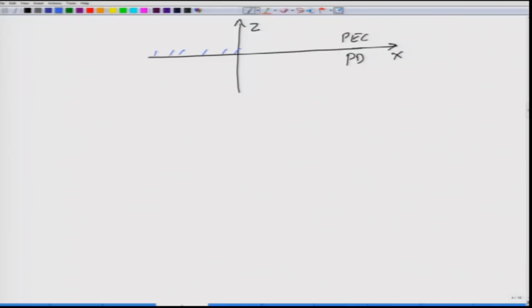And now what I consider is not an electric field, I actually consider a wave propagating along the direction of z in medium 1, okay. So, let us say the medium 1 has a certain refractive index or equivalently the relative permittivity. PEC of course simply means that sigma is set to infinity, okay.